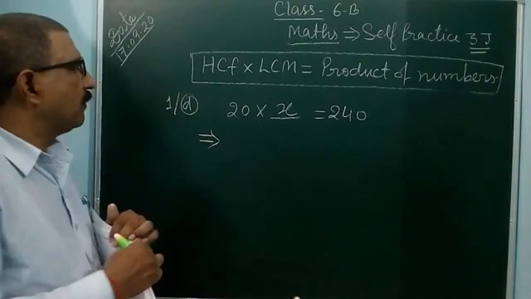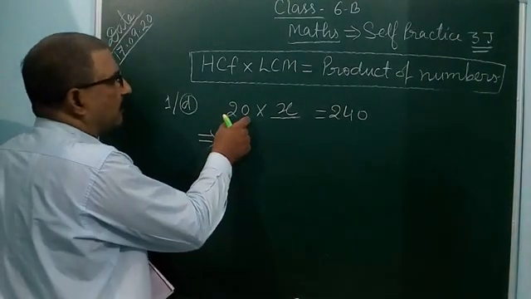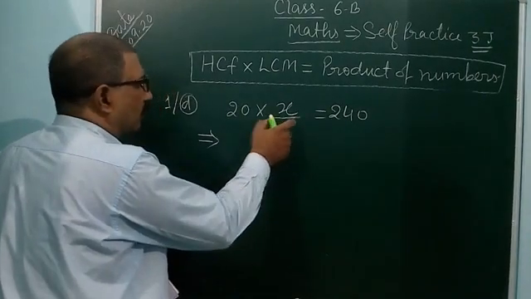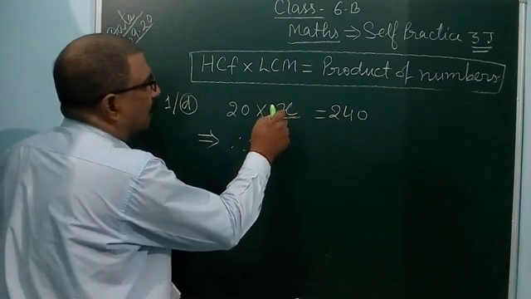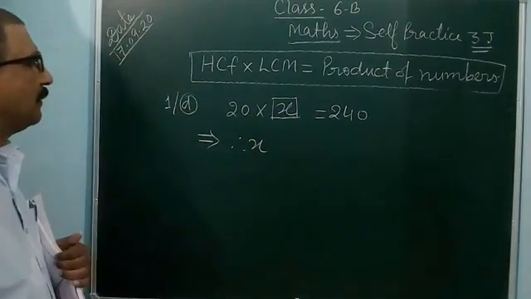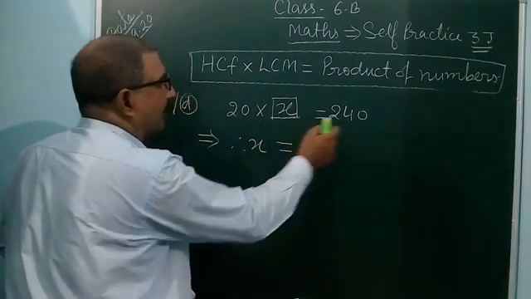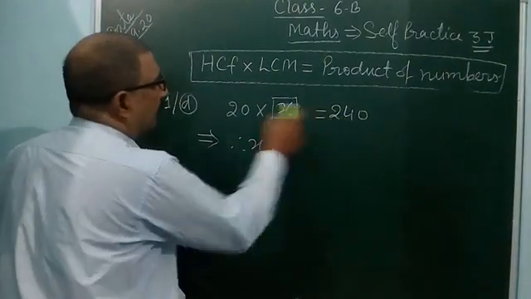So you can find out easily, if the first number is here, you can find out the second number. The second number, which I have taken as x, is found by dividing the product by the first number.